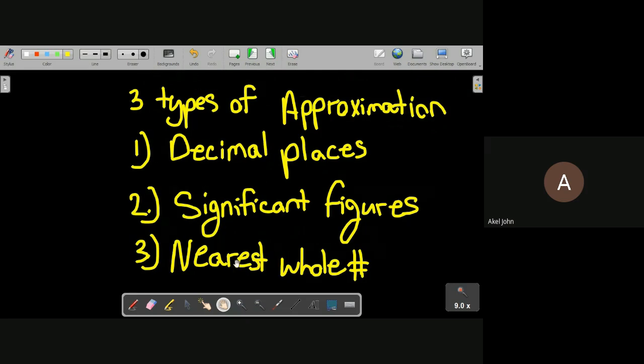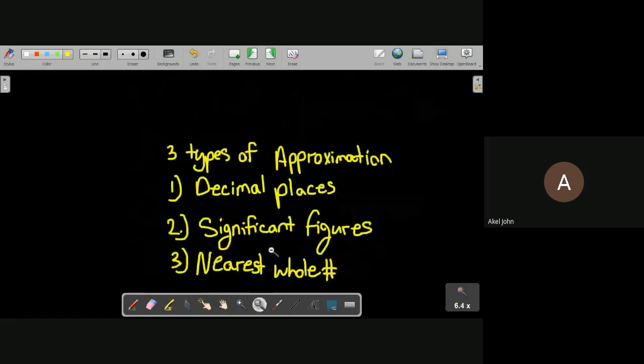So these three are the three types of approximation that is found within CXC.